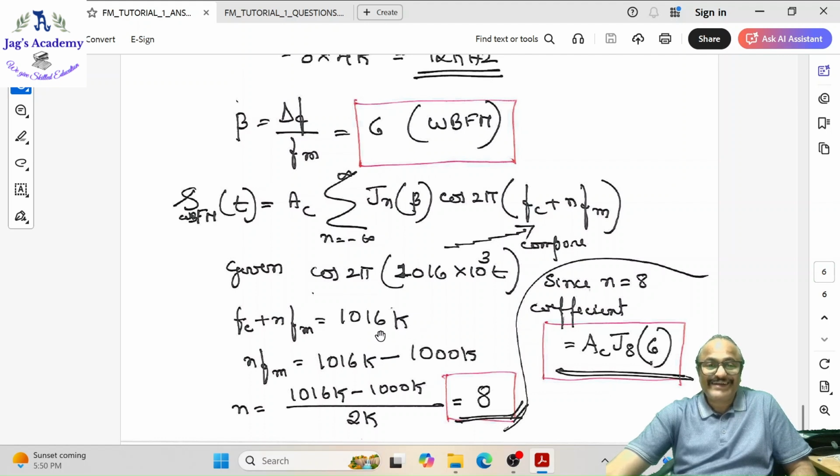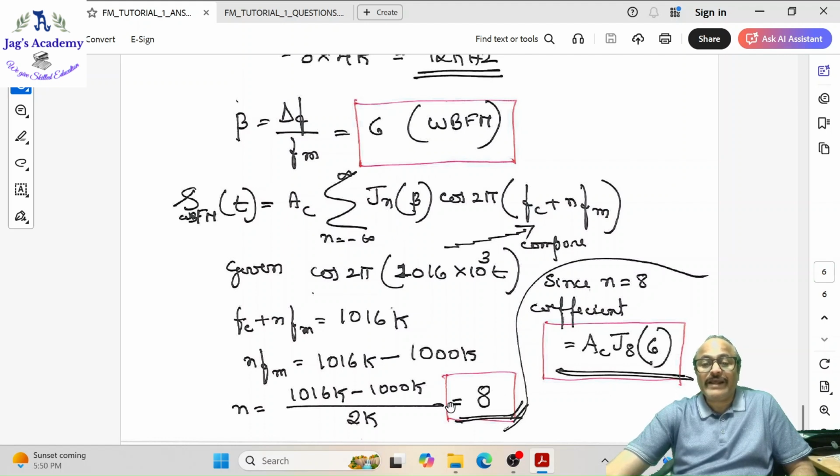So from this you can calculate n, which order component that is. fm is given, so you get the n value, and n is going to be 8 here. Since n is 8 and beta is given, the corresponding coefficient is Ac into J8 of 6.